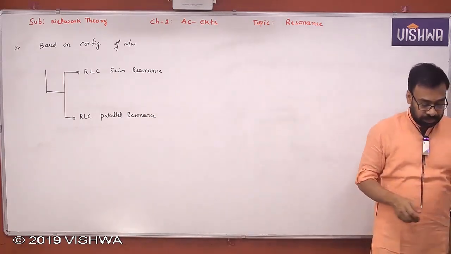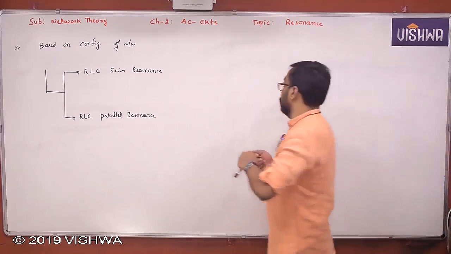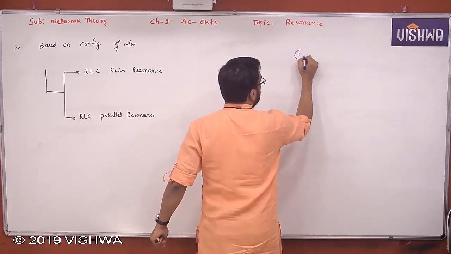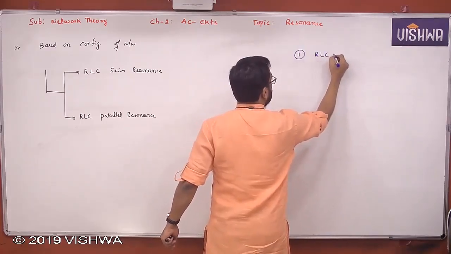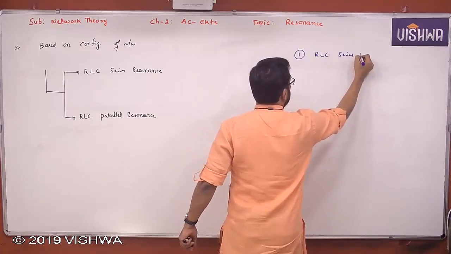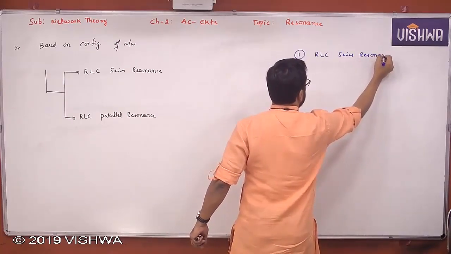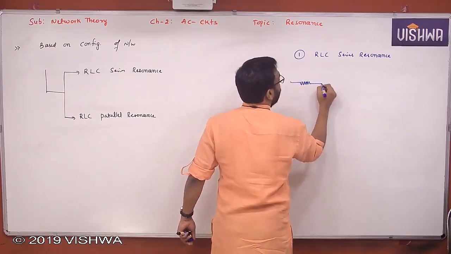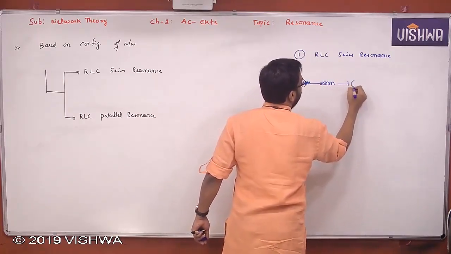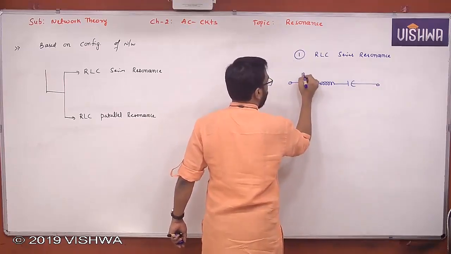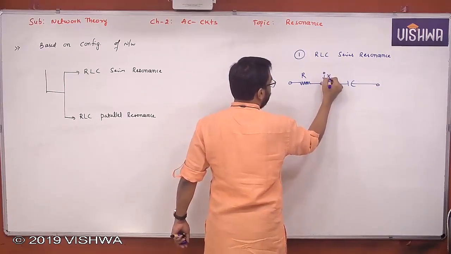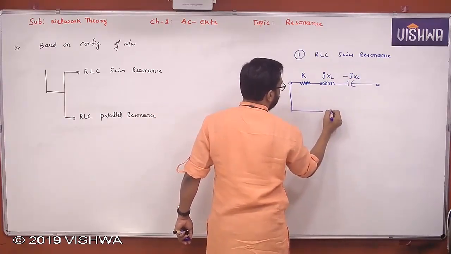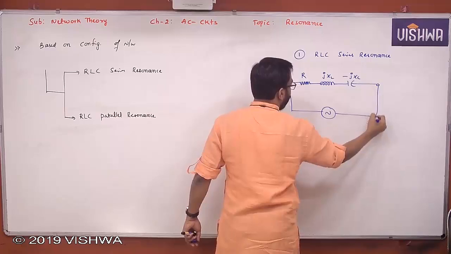Well, the first one is RLC series resonance, with jXL minus jXC. So how did you define resonance?